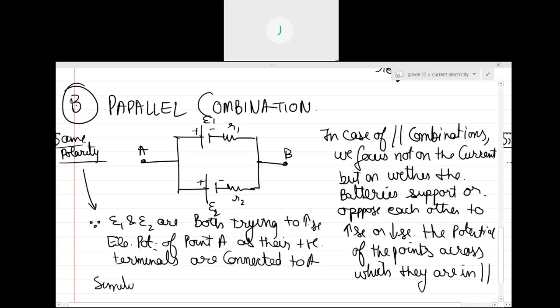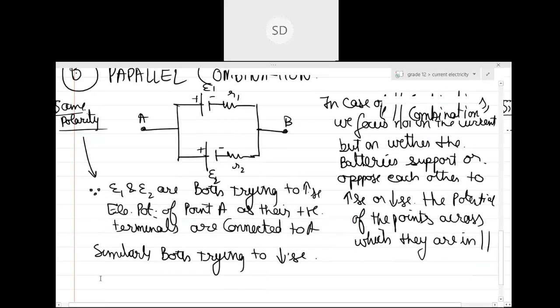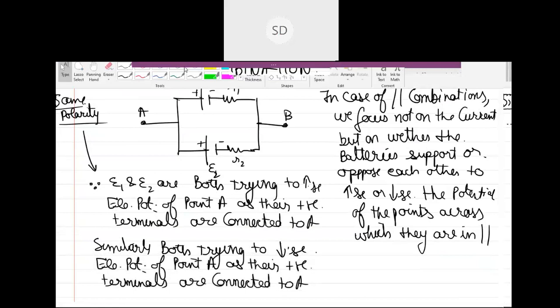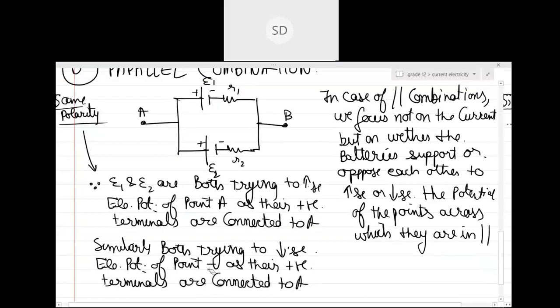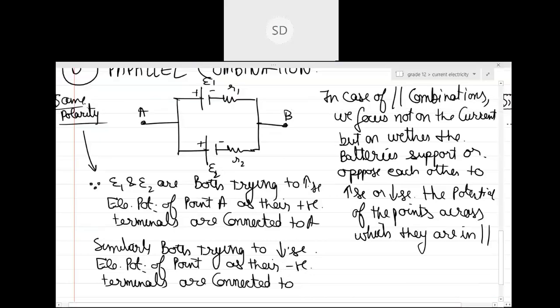Similarly, both are trying to decrease the electric potential of point B as the negative terminals are connected.